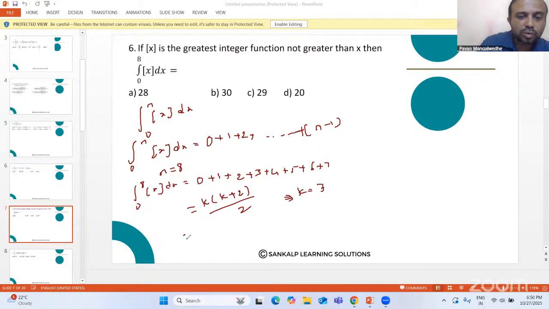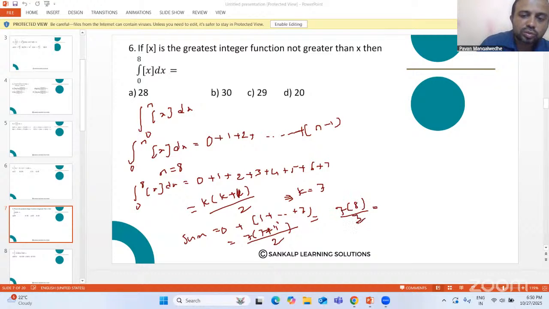So the sum of 0 plus 1 up to the last term 7 can be written as 7 into (7 plus 1) by 2, which is 7 into 8 by 2. It is 7 into 4, which is 28. So option A is the correct answer.